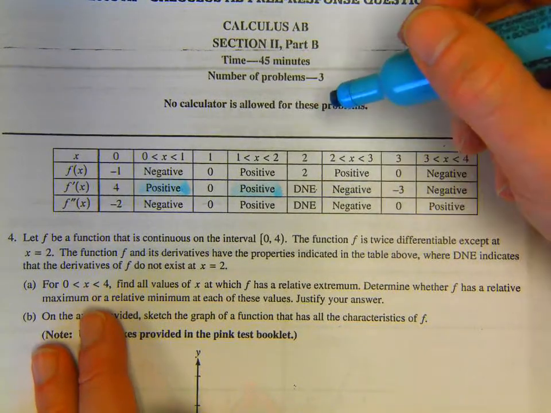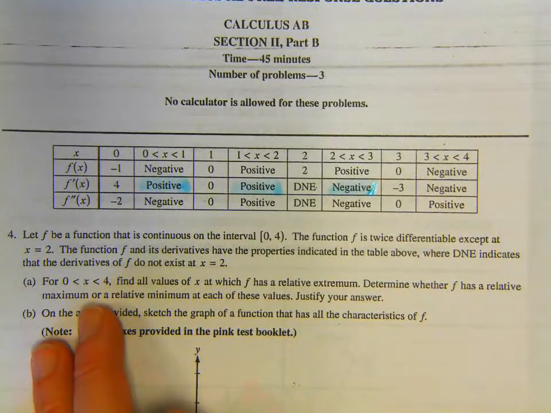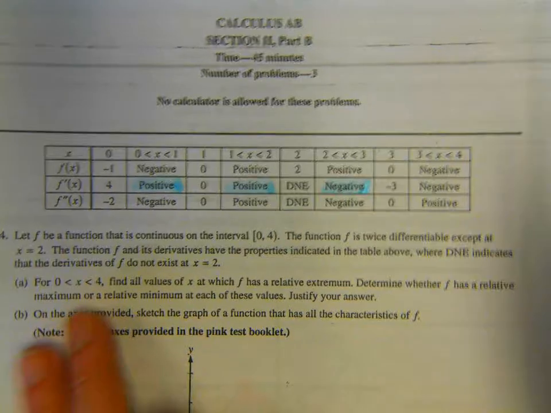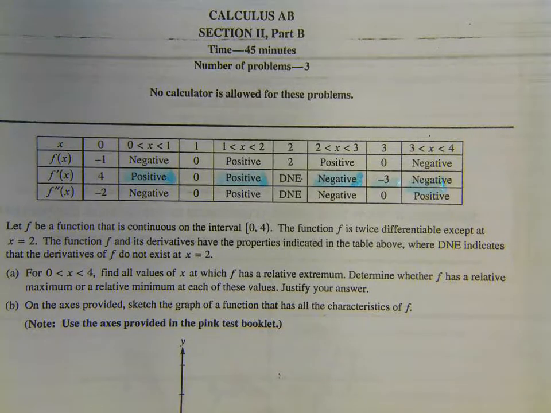Okay. Ooh, then it's negative. And then it continues to be negative. There's no 0 or undefined there. So let's see. We said then there's only one extrema, huh? Where was it?